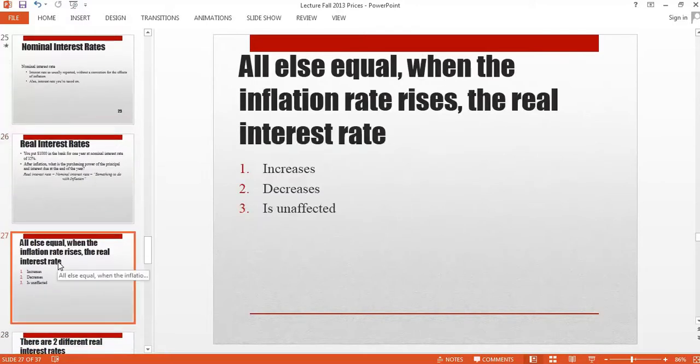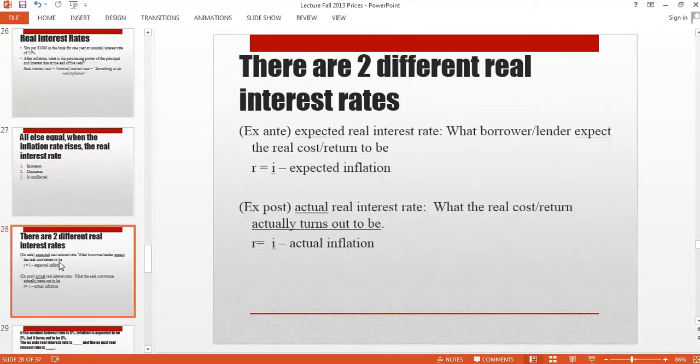So this question hopefully is pretty easy and you can tackle it in your review. Let me go ahead and point out that there are actually two different real interest rates out there. The reason for this, of course, is that inflation is unpredictable. What typically happens here is that people enter into a contract with some expectation that there will be some level of inflation.